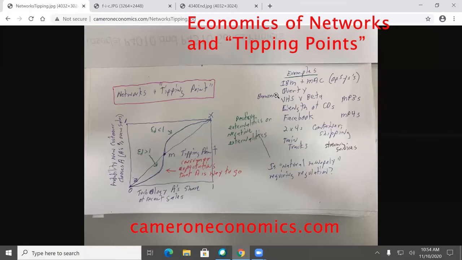The main example that people use is QWERTY, which is the way a keyboard is put together. How and why did that develop? And there's been a lot of research on that. And then VHS versus Beta, and then the operating systems, IBM versus Mac, and I guess there's room enough for more than one in the box.